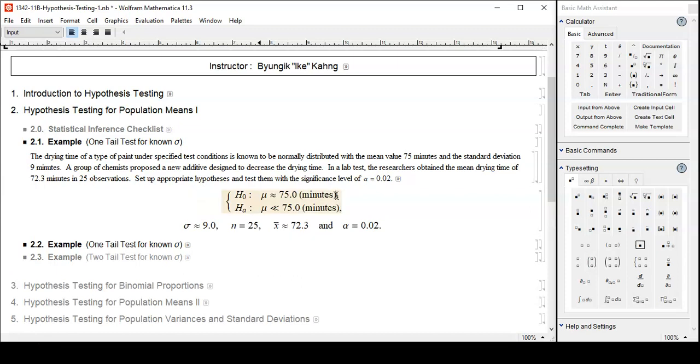So null is about 75 minutes, and then alternative, no, less than that, because after all, the problem said you want to decrease the drying time, and also the sample mean is 72.3. Now, how about these? The standard deviation of 9 minutes, and then n is 25, so sample size, x bar, the sample mean is 72.3, and alpha is 0.02 as required. All good. But there's one problem here.